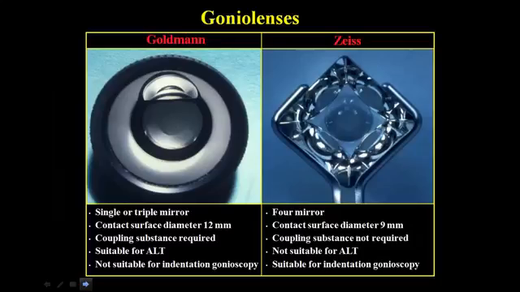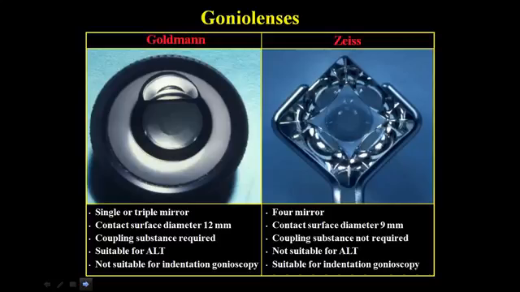Now when a patient has a grade 0 angle, which means there is iridocorneal contact, we need to decide whether this contact is just a positional closure or a synechial closure, meaning that an anterior synechia has been formed between the peripheral iris and the posterior surface of the cornea.